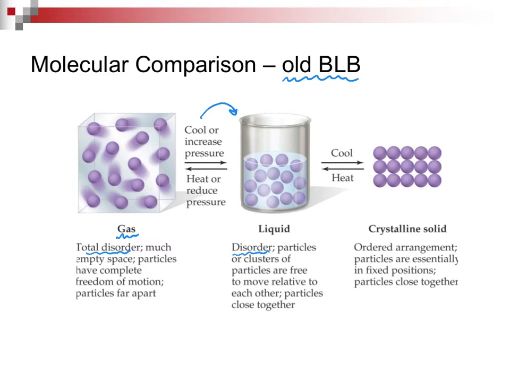The liquid still has disorder, but the particles are free to move relative to each other, and they are getting close together. As I cool them down more, what I will have is a crystalline solid, which is a very ordered arrangement. Particles are in fixed positions and they're very close together.